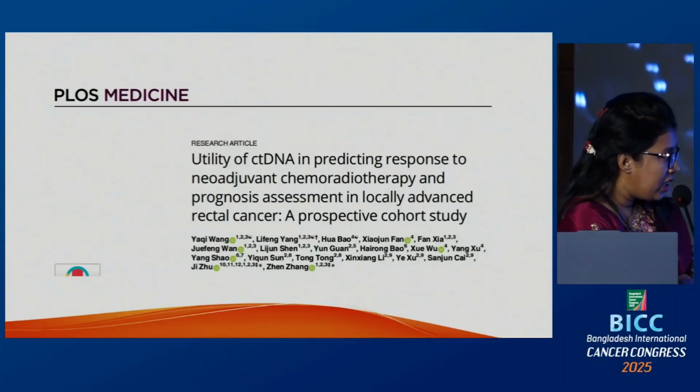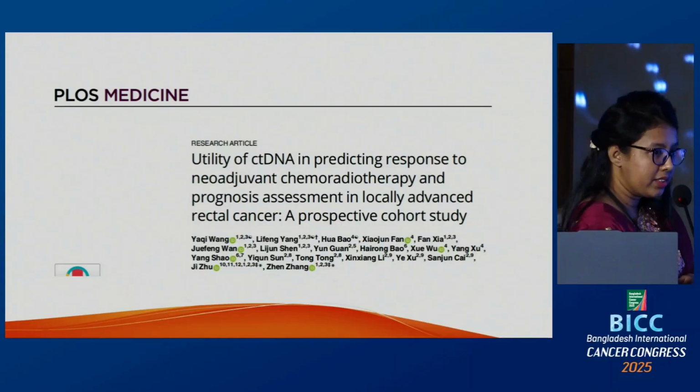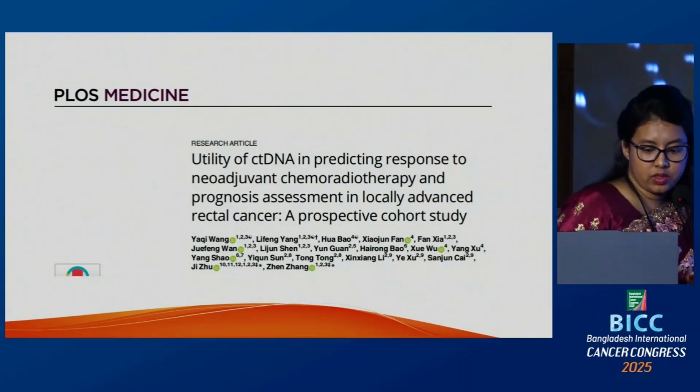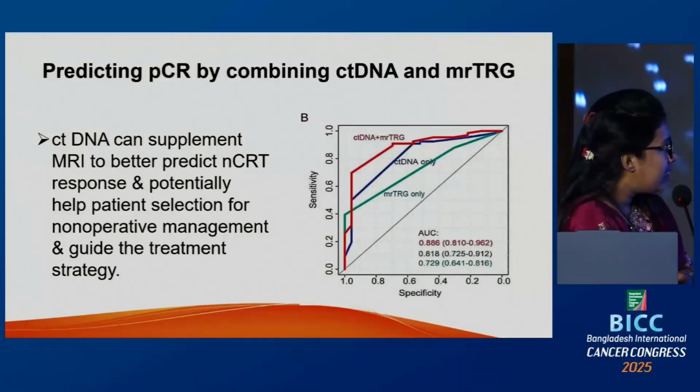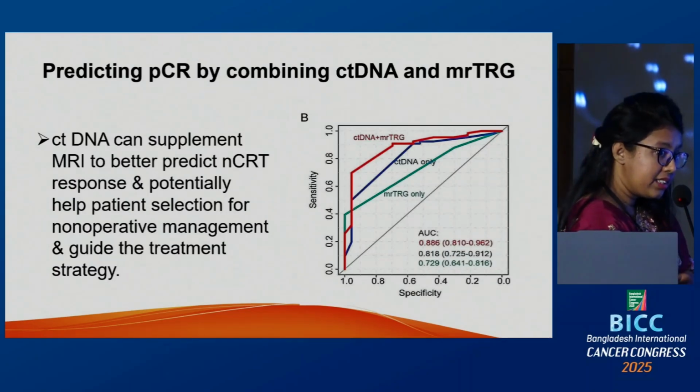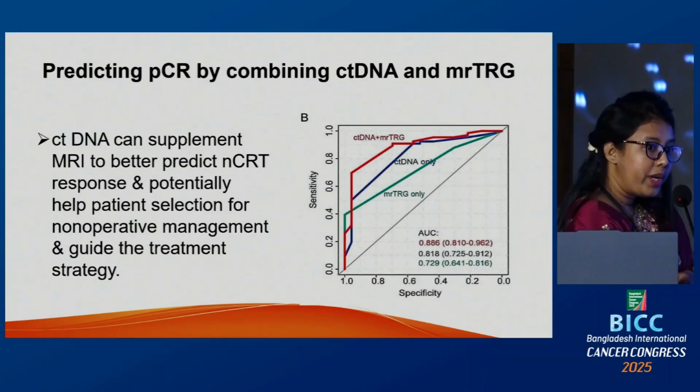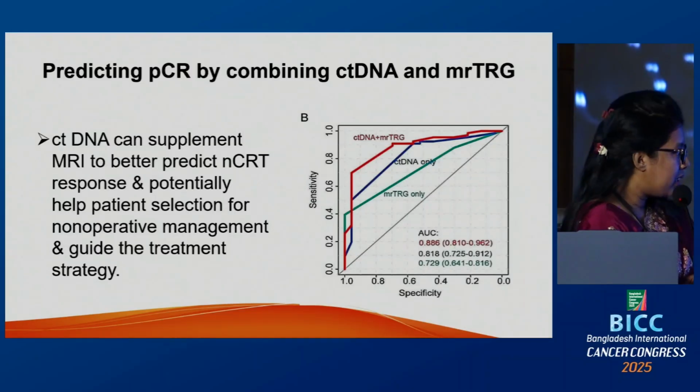This is another study on neoadjuvant chemoradiotherapy in a patient with locally advanced rectal cancer. Let's see what it shows. In this study, we can see this curve, and we can say that ctDNA can supplement MRI to better predict neoadjuvant chemoradiotherapy response.